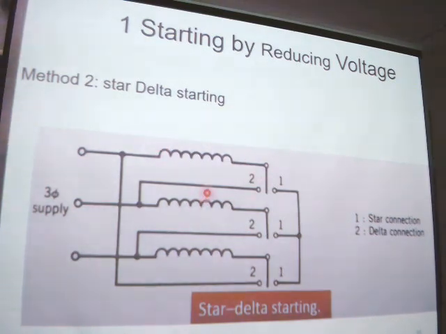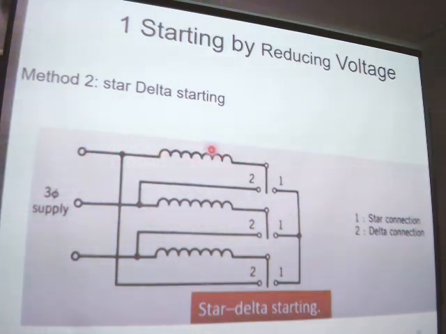In this connection, the source is on one side and the delta is the load. No, this is only the stator winding, no load winding. These are the terminals of the stator, which generate the rotating flux.